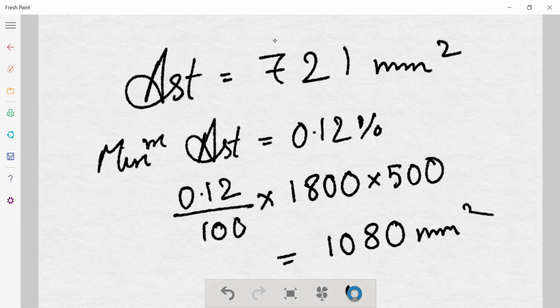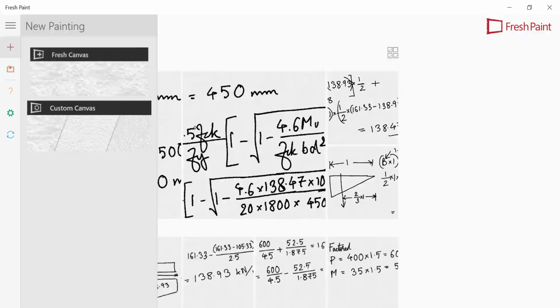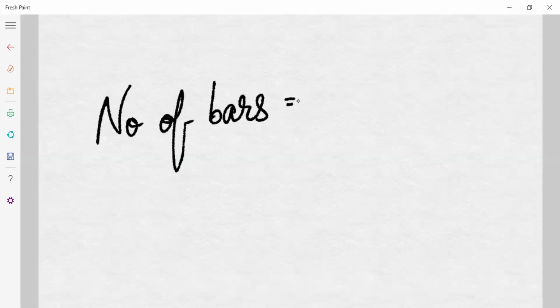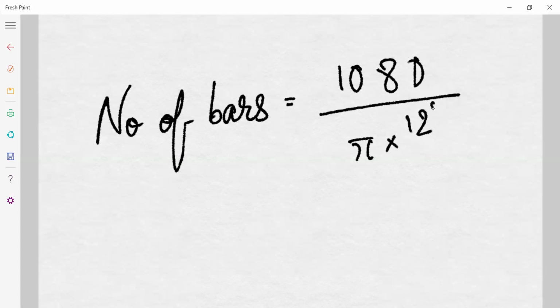Okay, suppose 12 mm dia bars you take. So how many number of bars you require? Number of bars is equal to 1080 by pi into 12 square by 4.